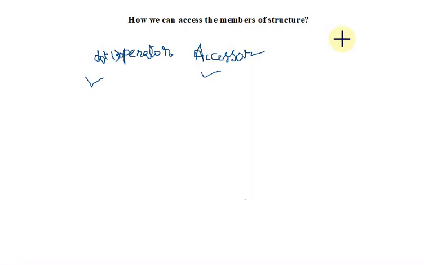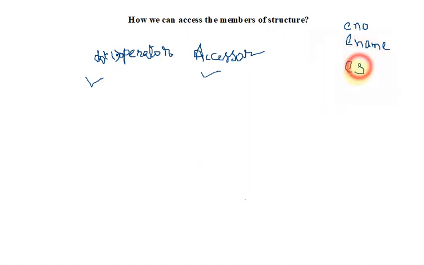Suppose in our structure we declared e number, we declared e name, and we declared e salary. Sorry, let me correct: we declared e salary.